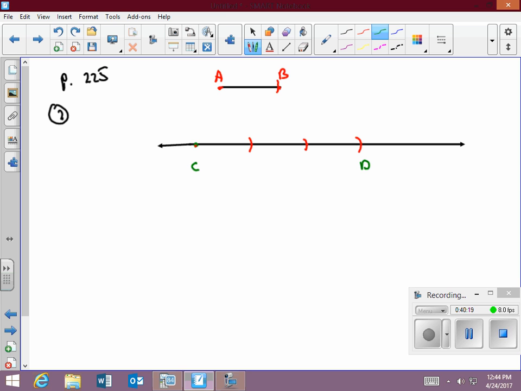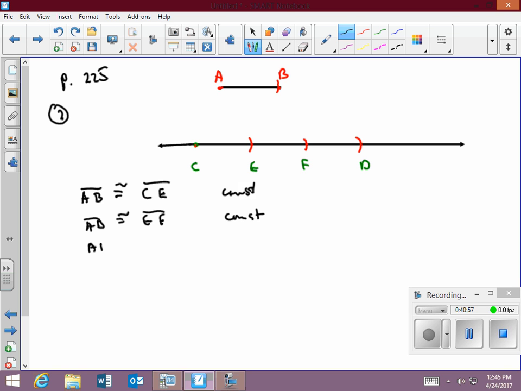What you would say is that by construction, AB is congruent to CE, and that's just construction. And then AB is congruent to EF, and that's construction.